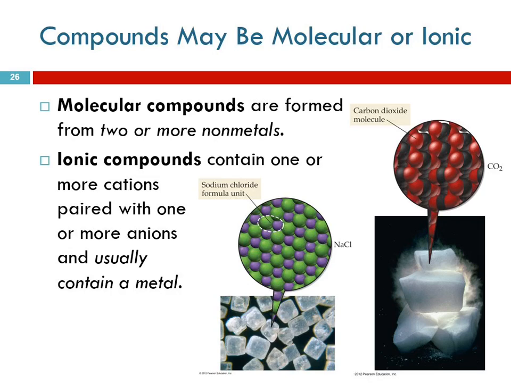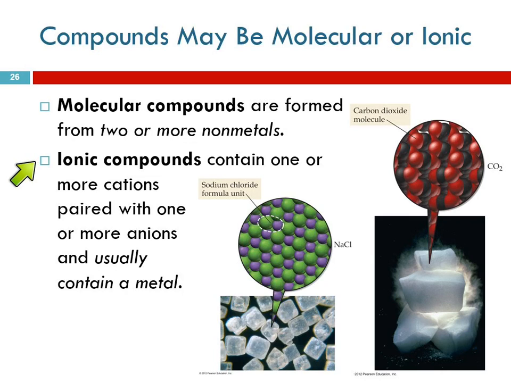Compounds can be molecular or ionic. Molecular compounds, as I mentioned to you in lab briefly, are formed from nonmetals. So molecular compounds contain 2 or more nonmetals. The ones that we're going to learn how to name only have 2, but they can be 2 or more.